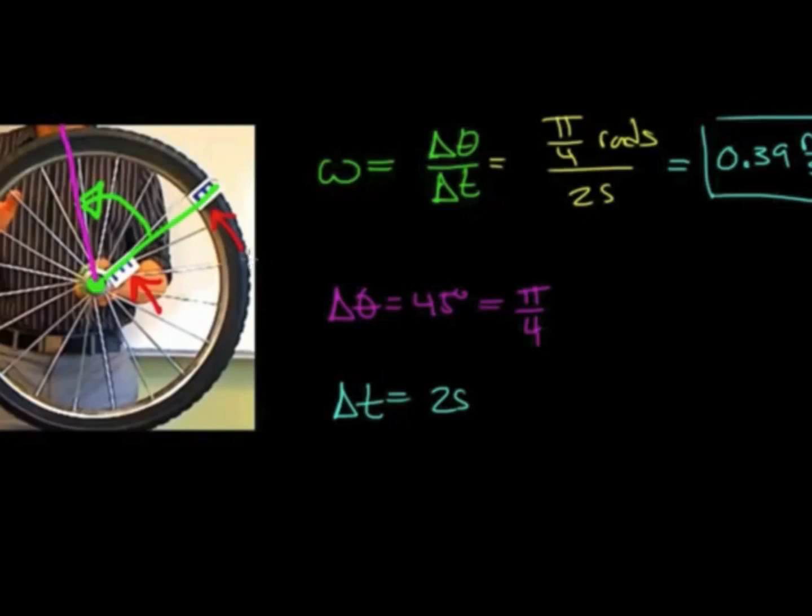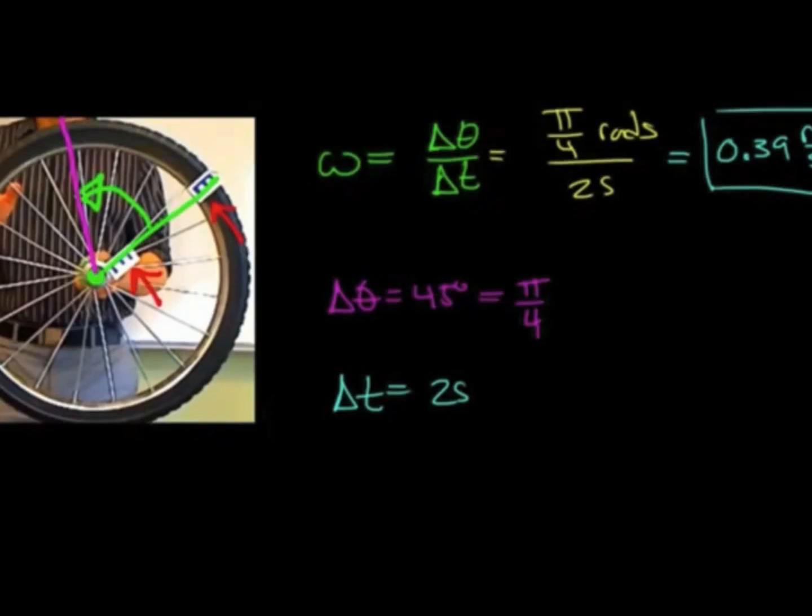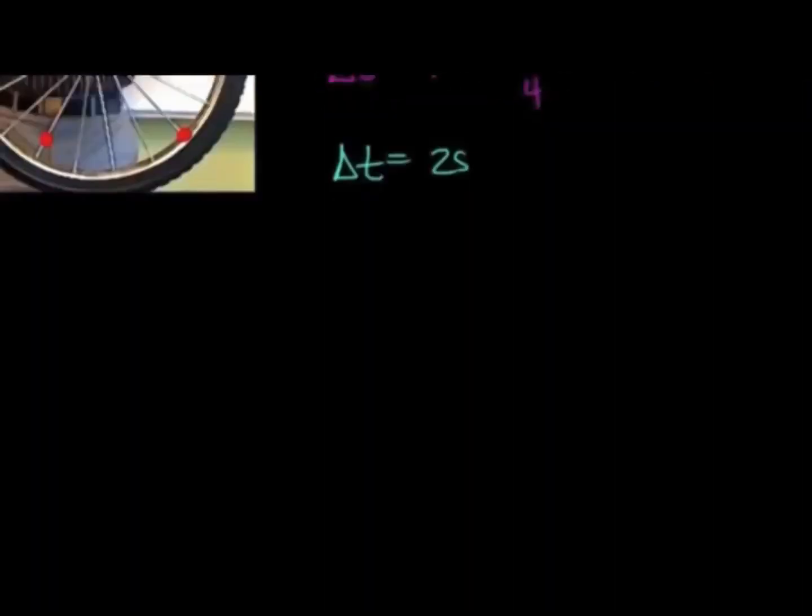Both of these points are rotating through the same angle in the same period of time. That's true of any point on a rigidly rotating object, whether it's this point or this point or this point over here. They will all have the same angular velocity because each one rotates through the same angle in the same period of time.